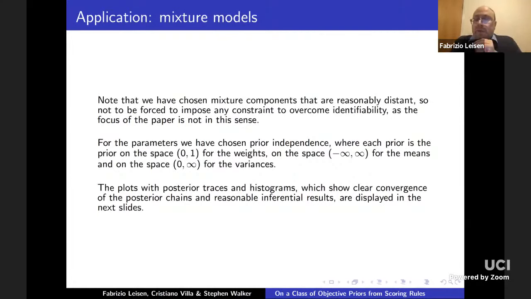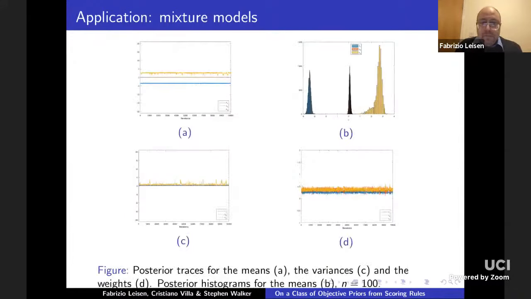On the parameters we select our priors, and now I'm going to show the plots of the traces and some histograms, which will show a clear convergence of the posterior chains and, let's say, reasonable inferential results. So here are the plots. So the chains are not so bad, but let's see the histograms that maybe are a little bit more clear.